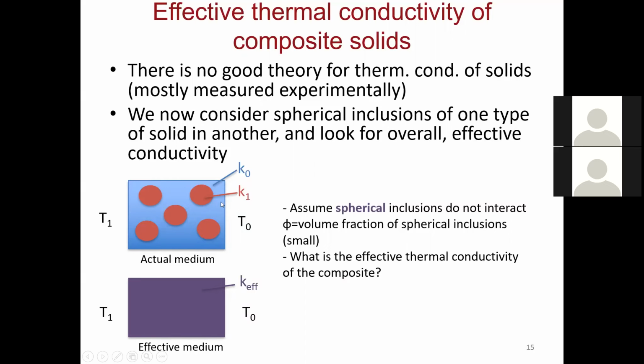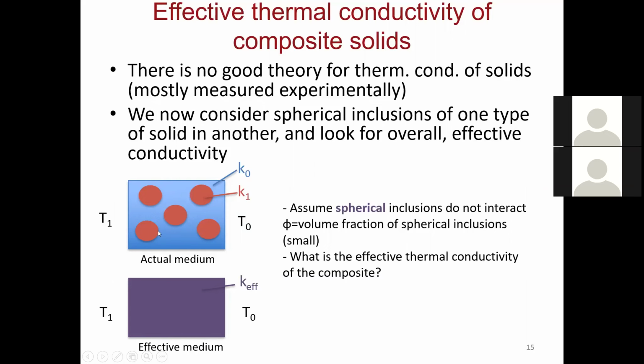So in a very simplistic description, such as given here, I have spherical inclusions. So let's say that I have oil filling in all of these glass spheres. How about that? Quartz. So essentially then I have thermal conductivity of this embedded medium and thermal conductivity of the medium surrounding it.